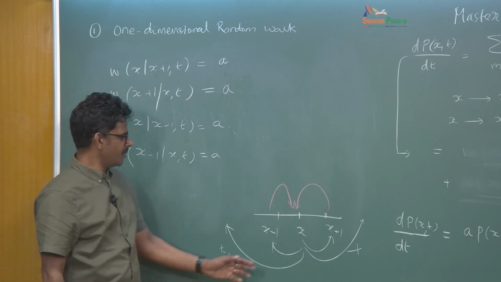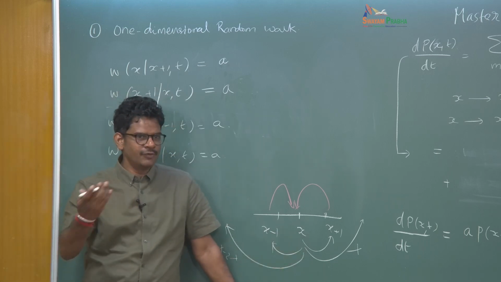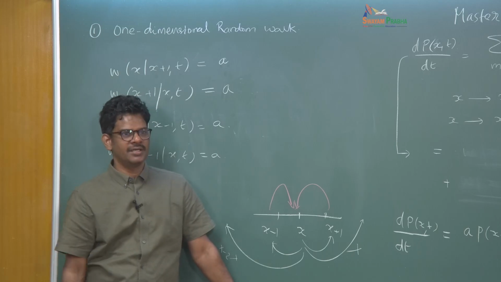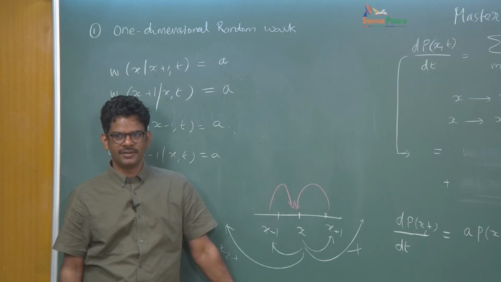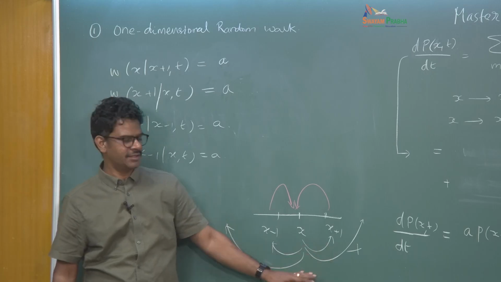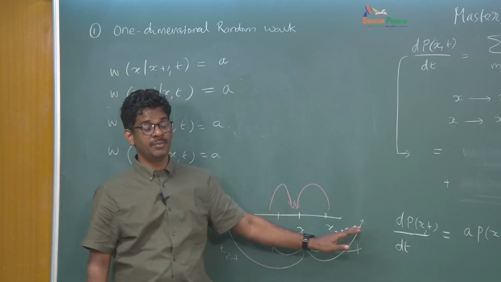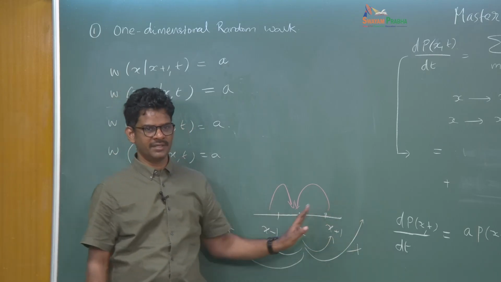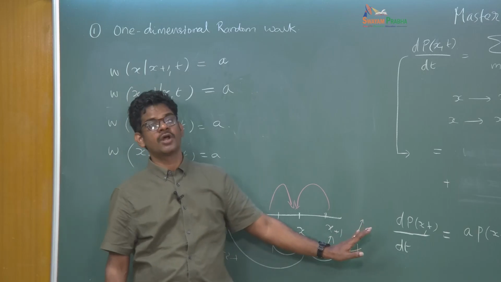Okay, but if you want to do a project, if you want to do some more complicated Brownian motion, there could be other deviations from this model. You may have a biased random walk, because there may be a potential acting on this particle that it prefers to go in one direction more often than the other.